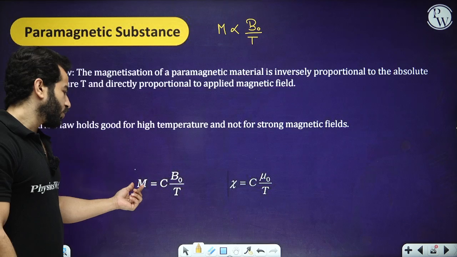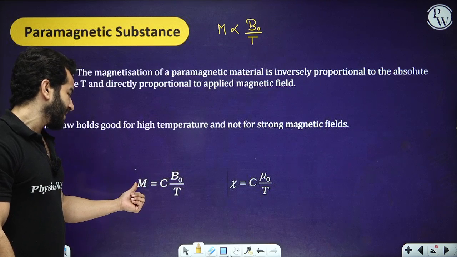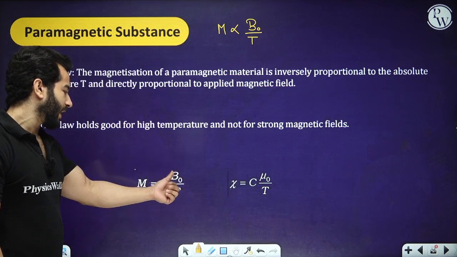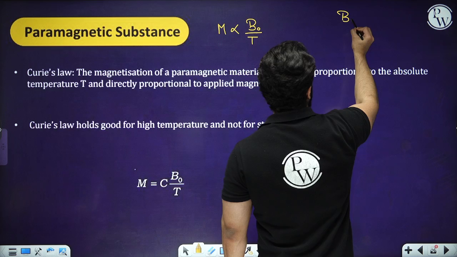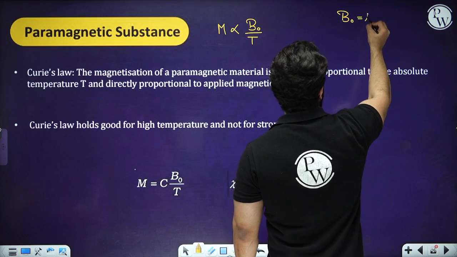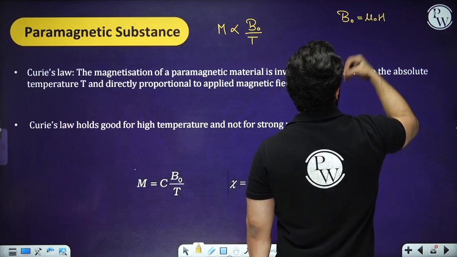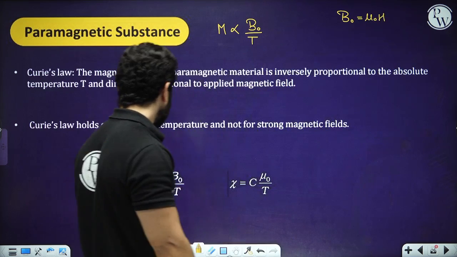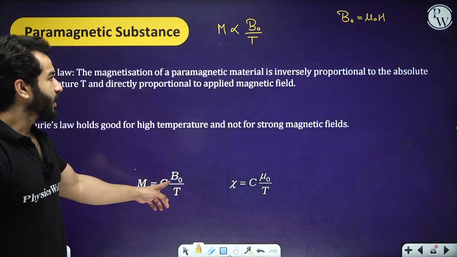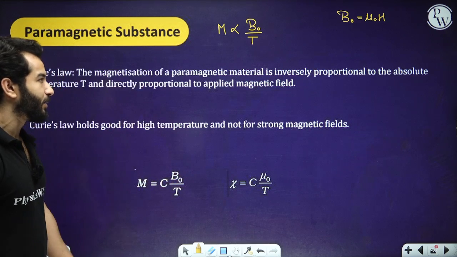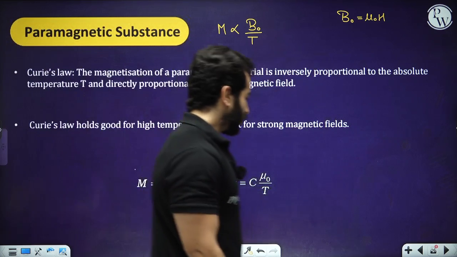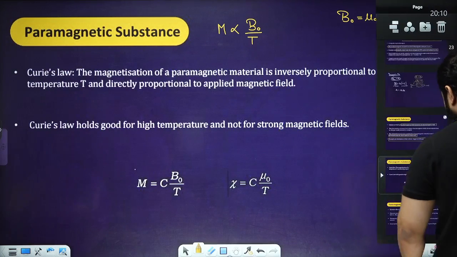You can rewrite B naught, if you remember, B naught was nothing but mu naught times H, right? So if you write mu naught times H over here, you can actually get to the magnetic susceptibility formula as well, right? So hopefully everything is clear till this point.